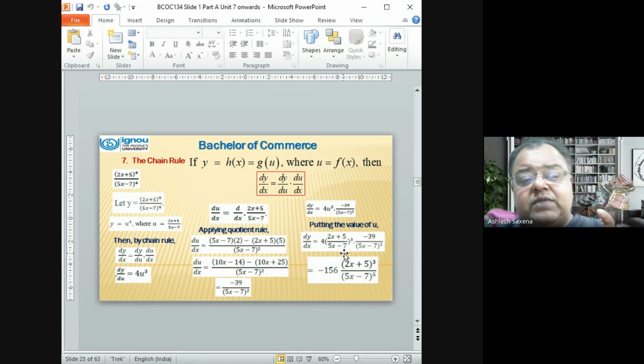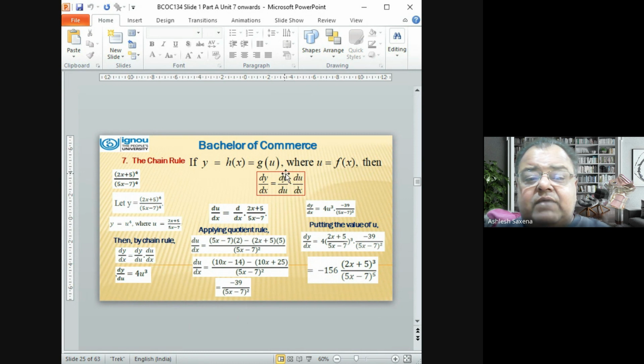Your question was in terms of x. We were supposed to find dy by dx. Since the function was a composite function, I simply replaced this big term by u. Then I applied the quotient rule and chain rule. The chain rule is this rule.